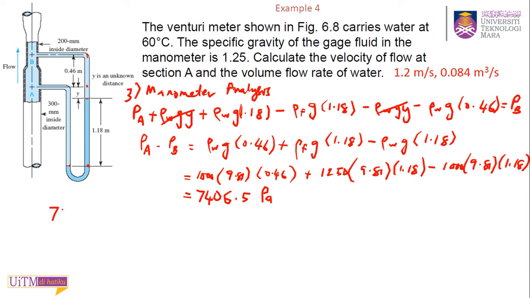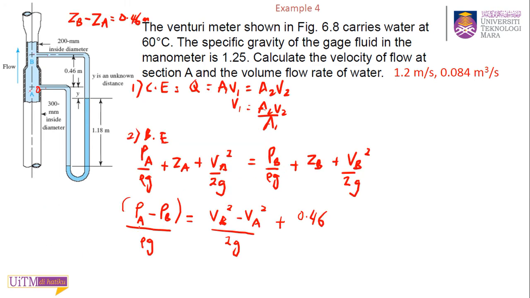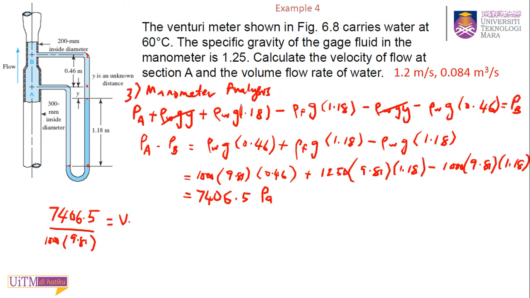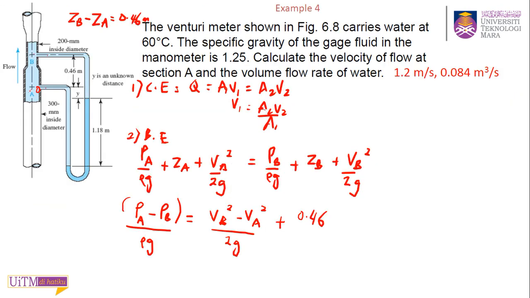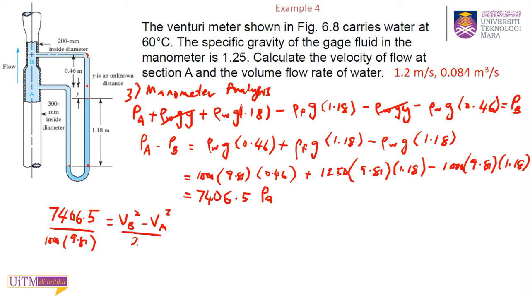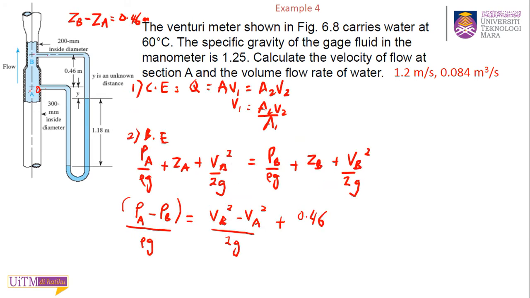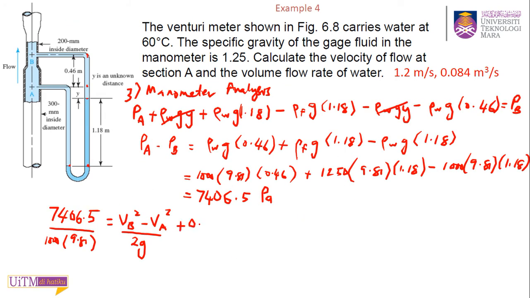So 7406.5, this is PA minus PB, over rho g, rho 1000 times 9.81, okay, equal to VB squared minus VA squared divided by 2g plus 0.46. Okay.